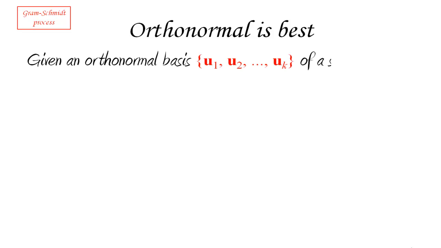It turns out that when we have an orthonormal basis, that is best also from the algebraic point of view. Given an orthonormal basis u1, u2, ..., uk, this time those vectors not only are orthogonal to each other, but they're also of unit length. And again, we're talking about vectors in some Euclidean space Rn.